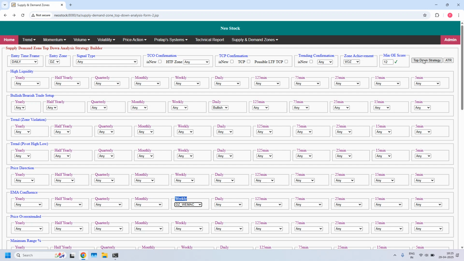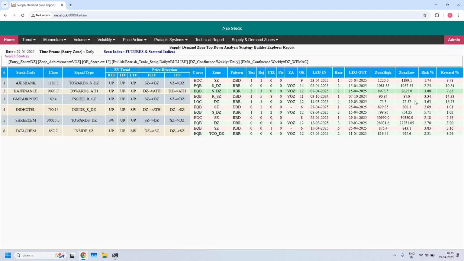So EMA confluence makes sense. Let's filter. So 6 stocks are filtered. So these 6 daily demand zones are having more high probability to get success compared to the other stocks. Maybe that is the reason why some of the stocks, see, already they tested. Here Bajaj Finance is tested 3 times.